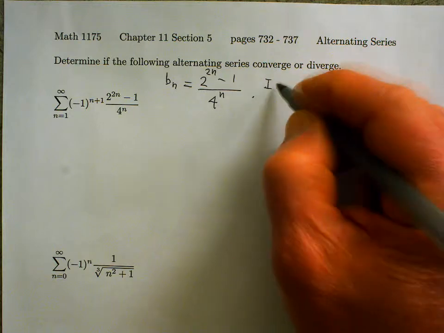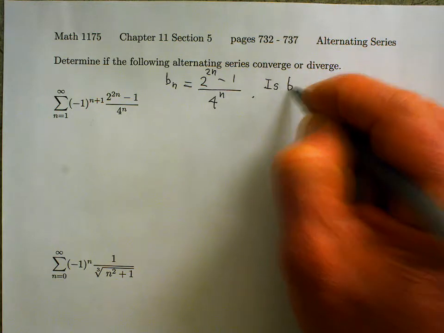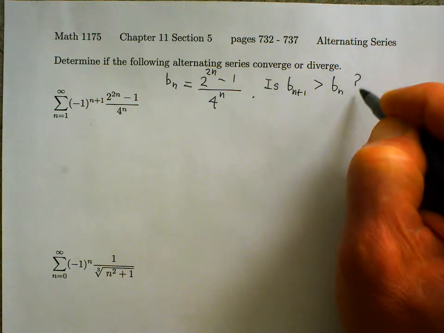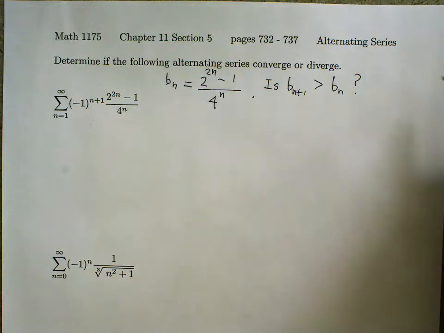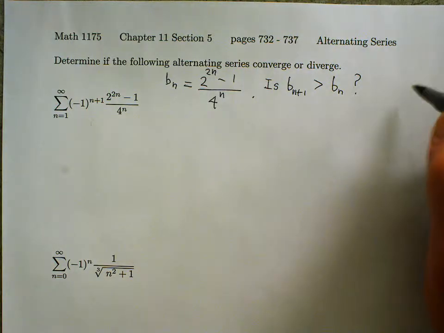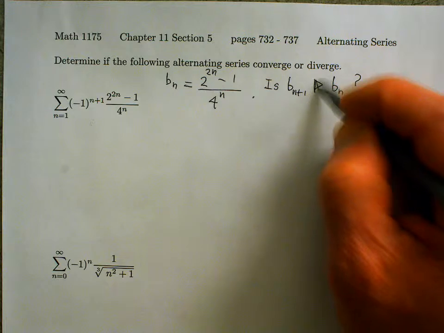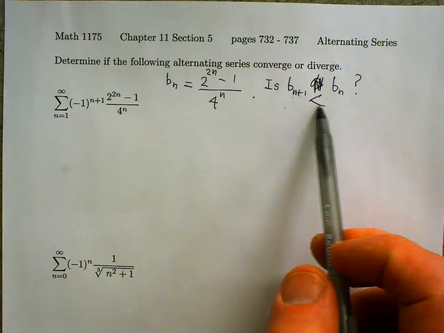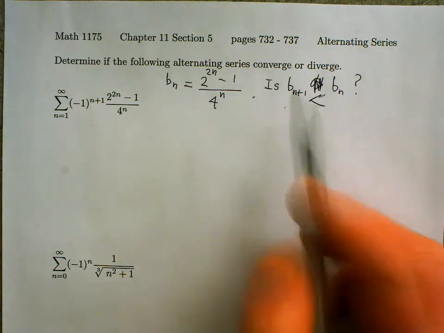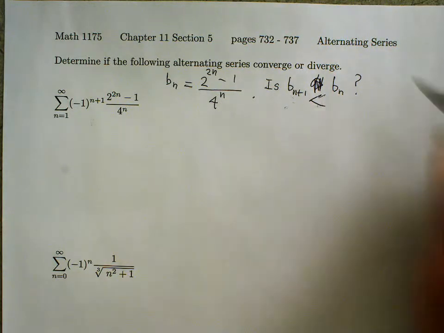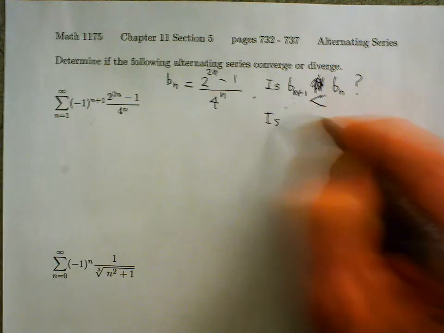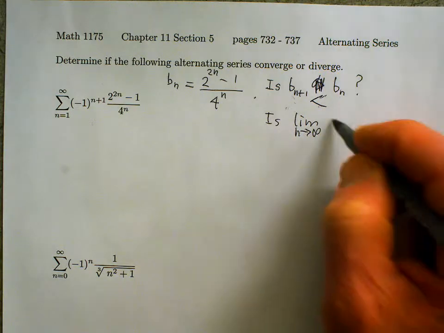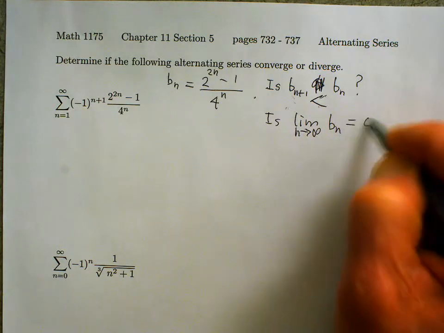So a couple of questions. Is the n plus first term greater than the nth term? And if it is, we want to know if the b sub n sequence is decreasing. So is b sub n plus 1 less than b sub n? And is the limit as n approaches infinity of b sub n equal to 0?